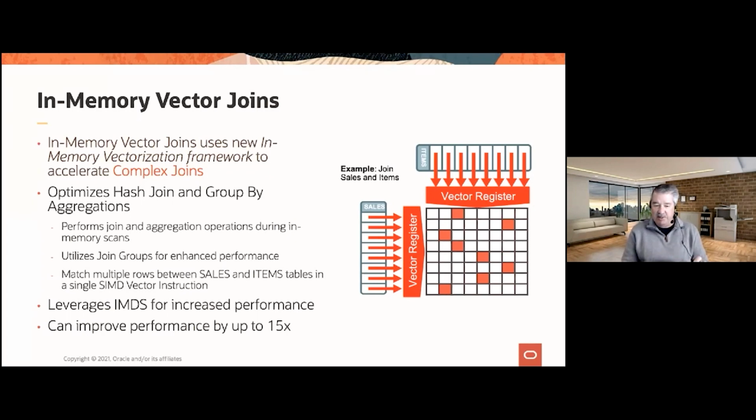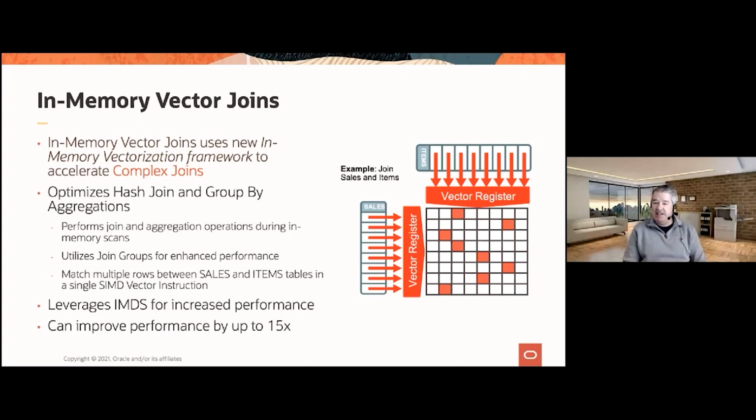We've talked about how if we create a Bloom filter, we can turn a hash join into a scan and filter operation, and we can avoid having to probe in the PGA to do the join, the equality, to find out if we have matches between the two tables. And now with in-memory vector joins, we can actually do that with SIMD vector processing.